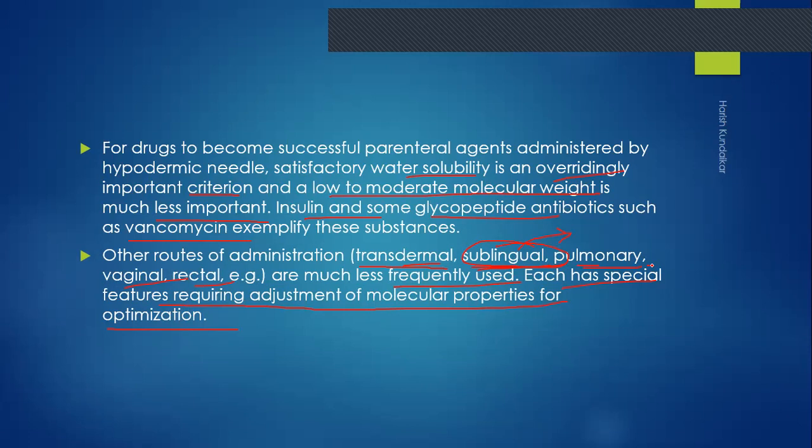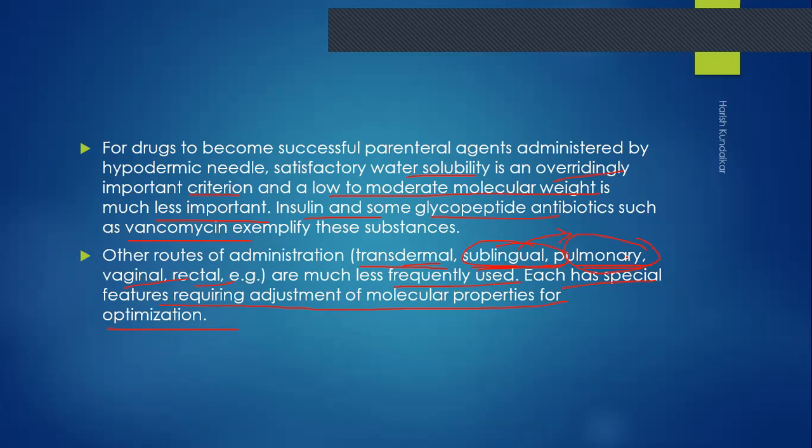Pulmonary, for example, asthma. We know that the lungs are affected in asthma. Bronchial constriction happens and the person is not able to breathe. So if we give something via the pulmonary route, that gives a much quicker onset of action as compared to any other route of administration. With an injection, via the blood the drug has to reach the lungs and then exert its action, which becomes a longer way of starting the drug action.